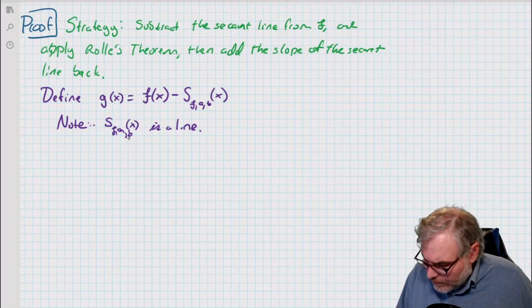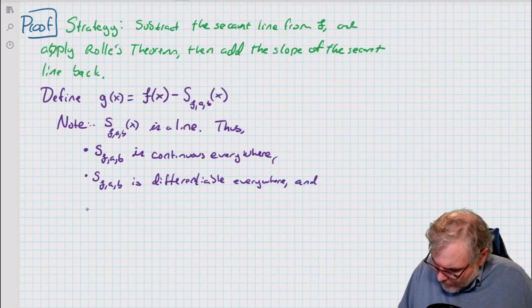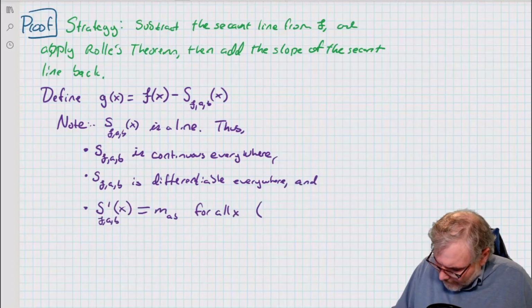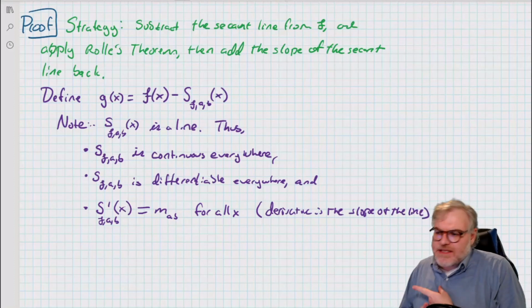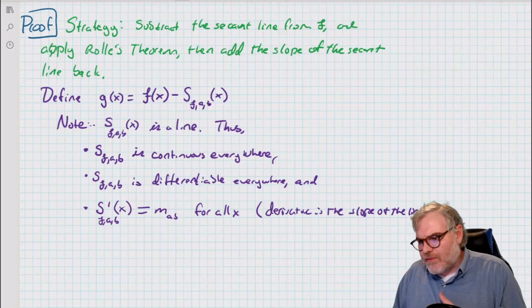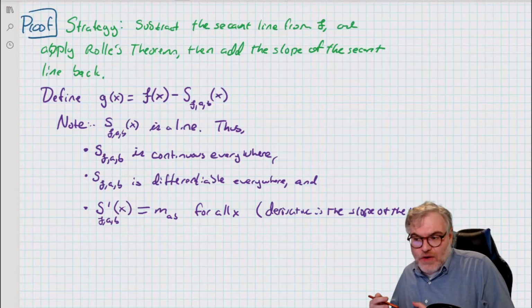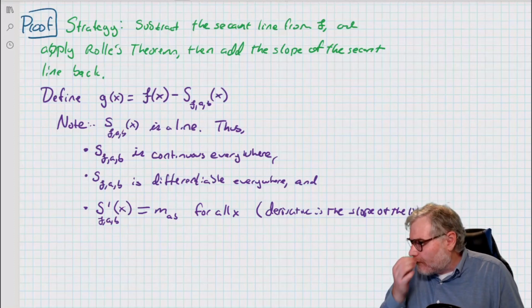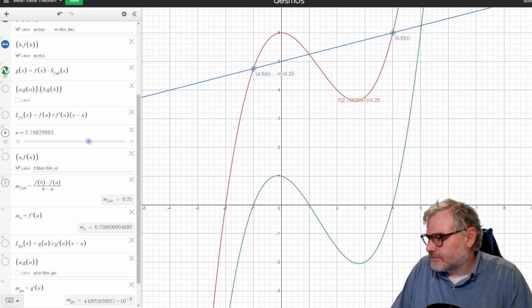So I have a function that describes a line. That means it's continuous everywhere, it's differentiable everywhere, and its derivative is simply the slope of the line, right?